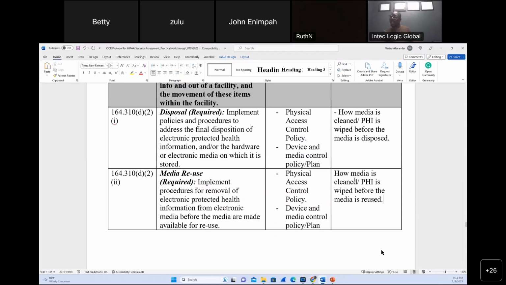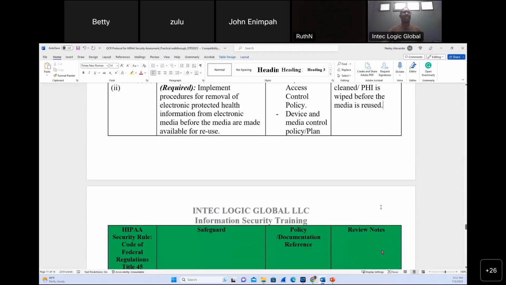You take the hard drive, you clean it before you reuse it, right? Because you don't know what PHI you are transferring to another person. It could be that the person does not need access to those PHI. You need to wipe it and make sure it is clean. There's no information on it before it is reused.